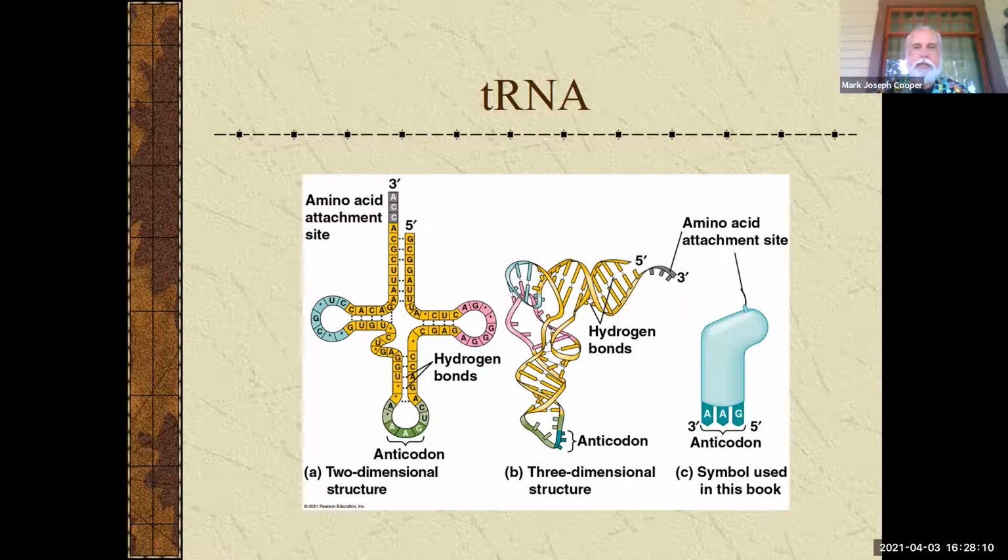One is the anticodon somewhere in the middle of this single strand. And then the other important part will be the 3' end, and that's where the amino acid is going to be attached. So here is the anticodon somewhere in the middle. This is all these twisted areas here. And then somewhere on the other end is the 3' end where the actual amino acid will attach.